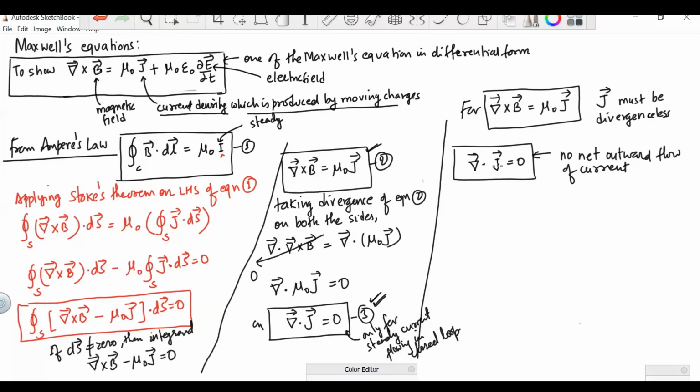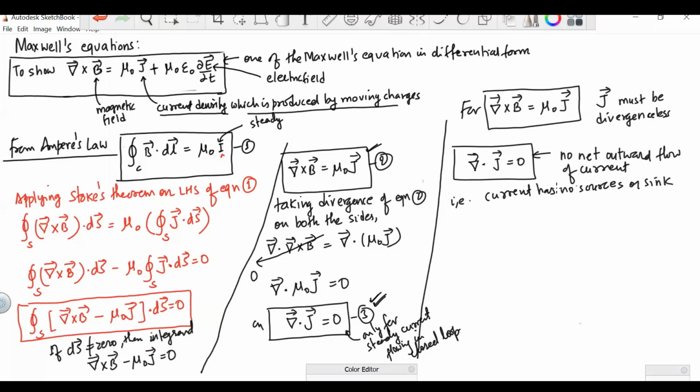So it means that current has no source or sink.